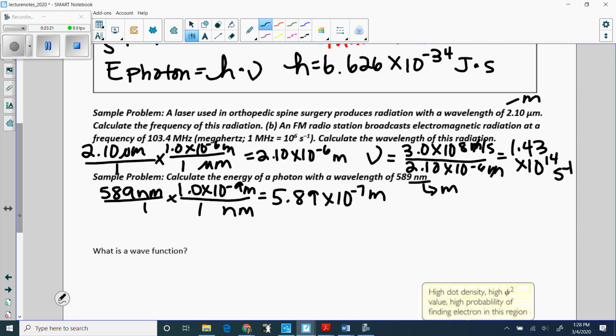Energy of a photon is Planck's times frequency, and we don't have frequency. So we're going to have to solve for frequency first. Frequency is the fancy V, equals the speed of light, meters per second, over the meters.